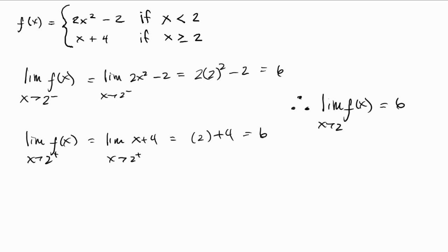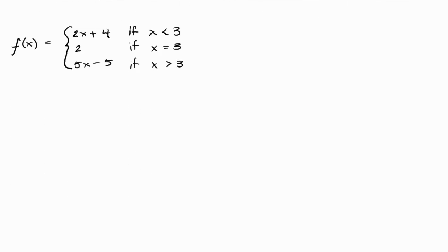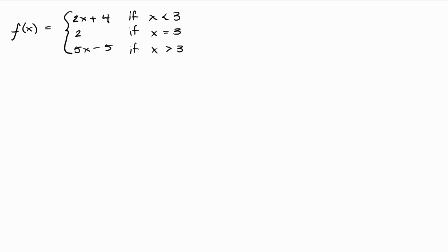Okay? So, here's another problem that a lot of people get messed up on. Now you try to do this real quick. You can press pause and see if you can do this on your own. Okay, so what we're going to do is we're going to observe what this function consists of, these subfunctions.